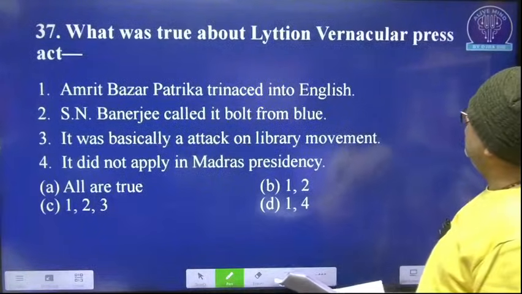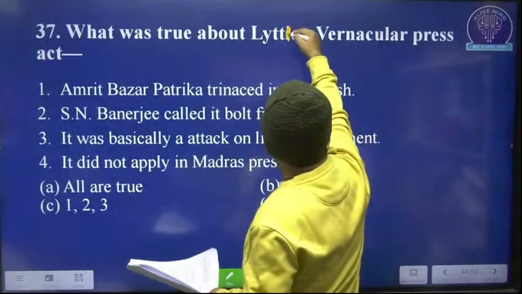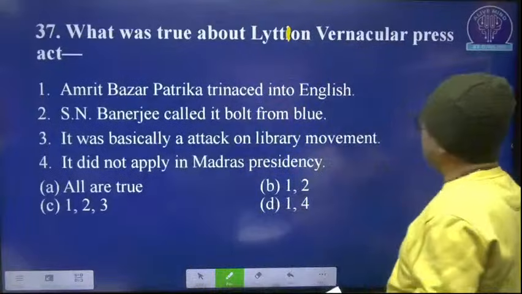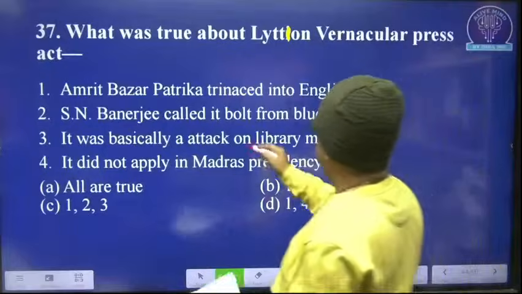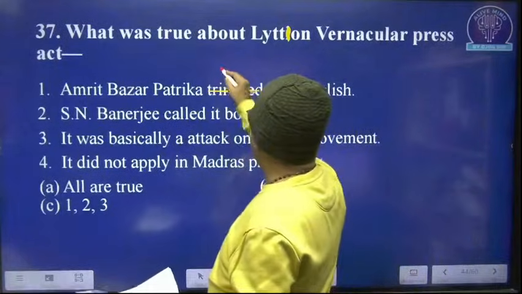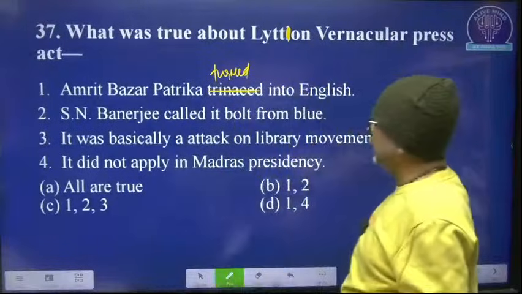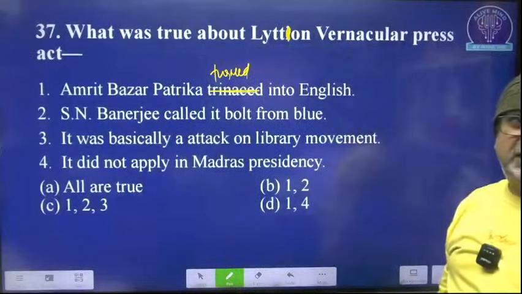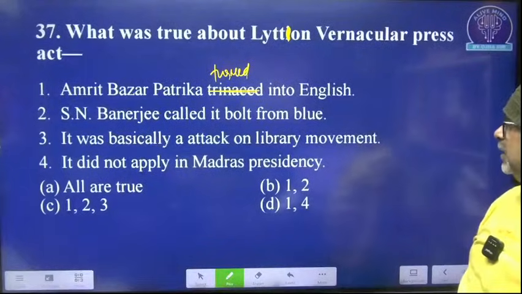What was true about Lytton's Vernacular Press Act? Amrit Bazar Patrika turned into English. Please do the required corrections. I am very sorry for this. This is the first time that I don't know how it happened, but Amrit Bazar Patrika turned into English.